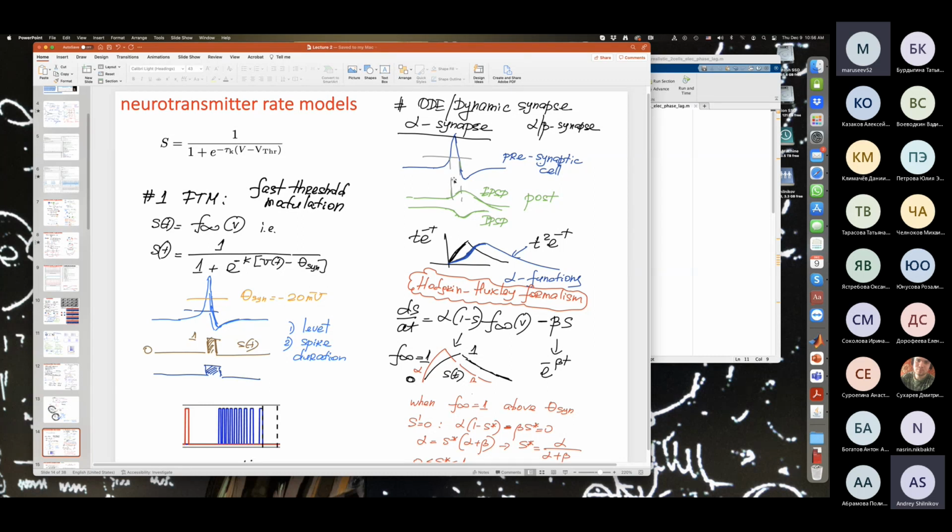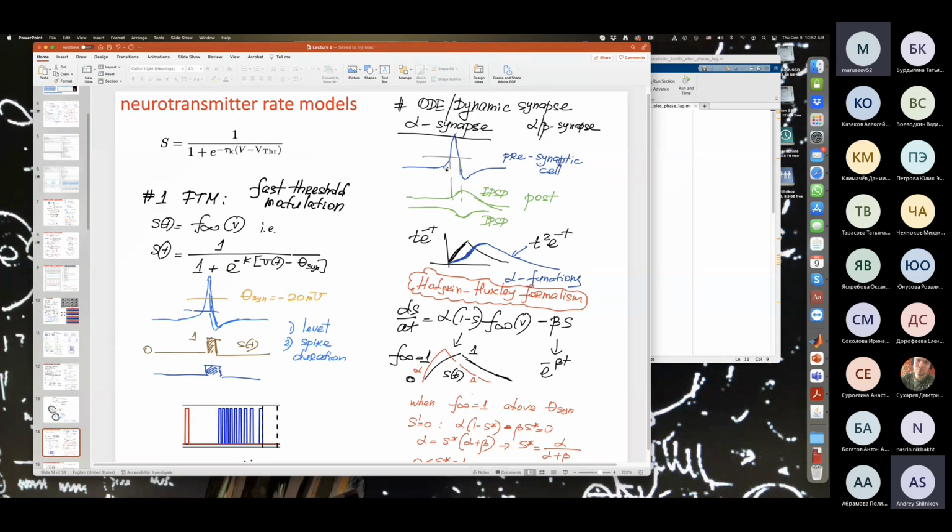The approach that we developed further uses what's called a dynamic synapse, and the first model of the dynamic synapse is called the alpha synapse. It was proposed by John Rinzel, who was inspired by his mentor, a neurophysiologist, who was the first to propose that the probability is given by a function known in mathematics as an alpha function.